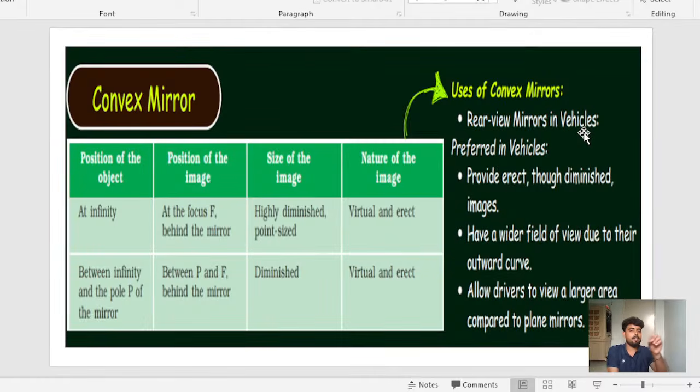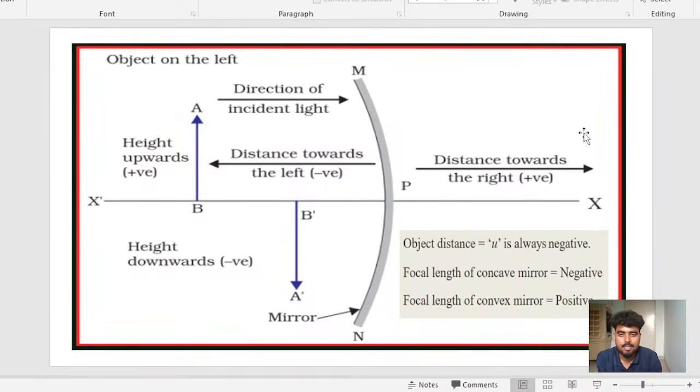These are written on the mirror. Why have they written it? These are examples of the convex mirror. What is meant by convex mirror? Convex mirror is a diverging mirror. Now please listen here. We are moving to the sign convention.